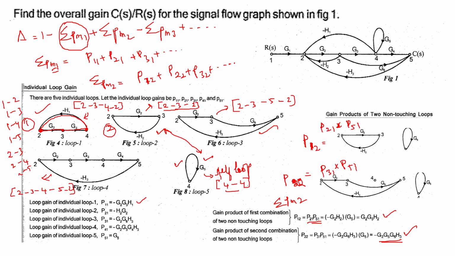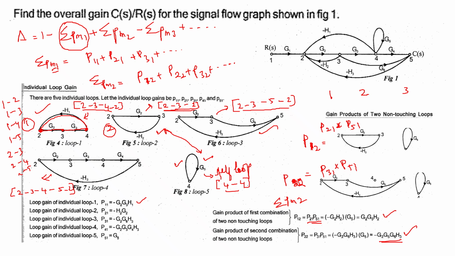After thorough analysis, we do not have any three non-touching loops. To find three non-touching loops, take three individual loops and verify whether they have common nodes. For example, take the first, second, and third individual loops. Here it is 2, 3, 4, 2; here 2, 3, 2; here 2, 3, 5, 2. So 2 and 3 are common in all three.